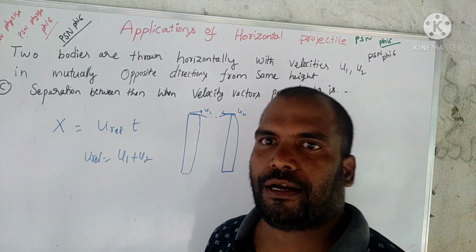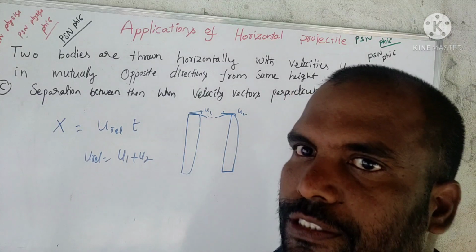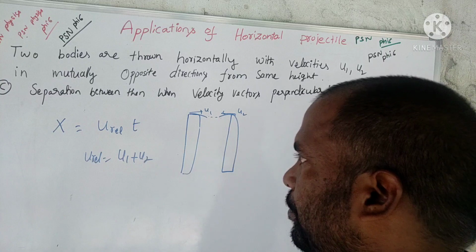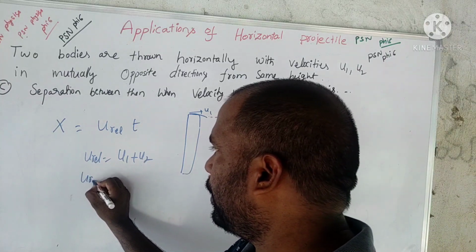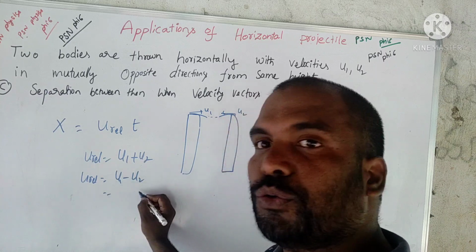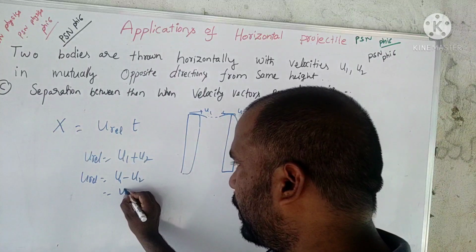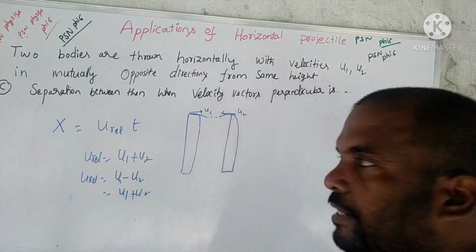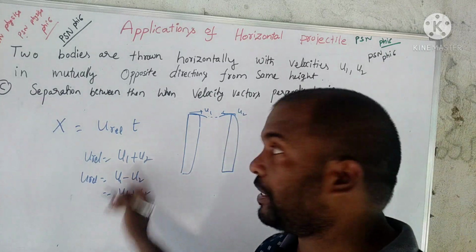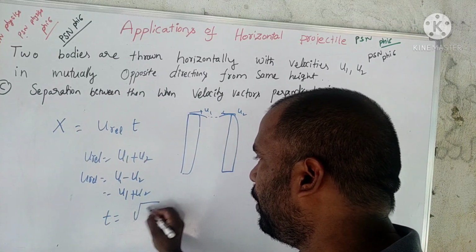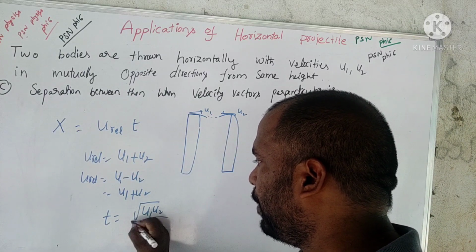Here, comparison of velocities is relative velocity. V AB is equal to V A minus V B. Like that, u relative is equal to u1 minus u2. But u2 already has a minus, and minus of minus is plus, that gives u1 plus u2. Similarly, the time expression I wrote first, time t is equal to root over u1 u2 by g.